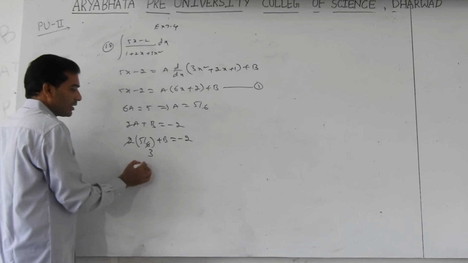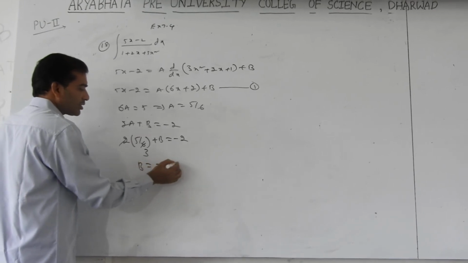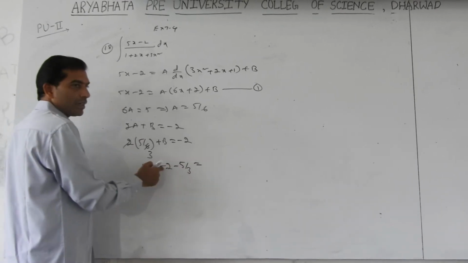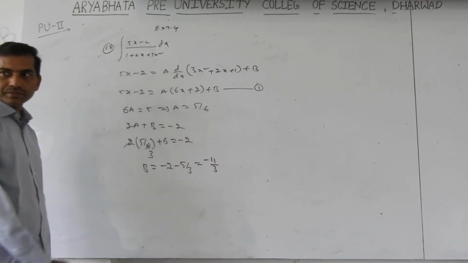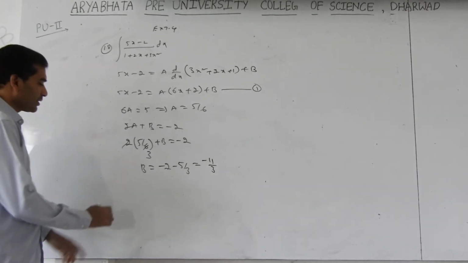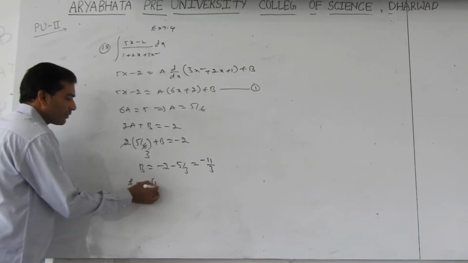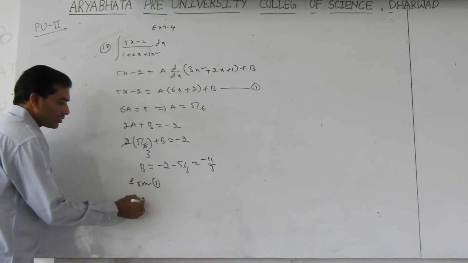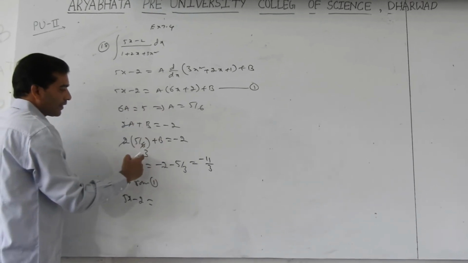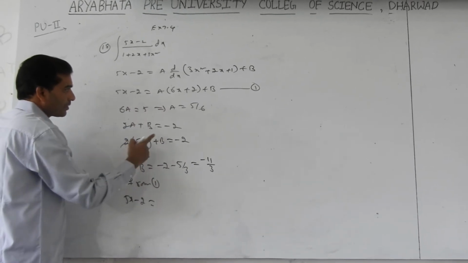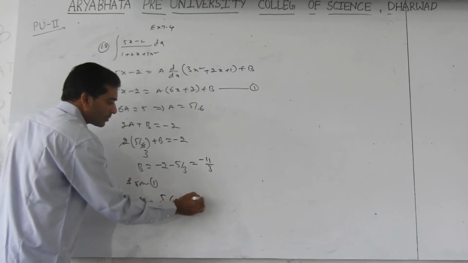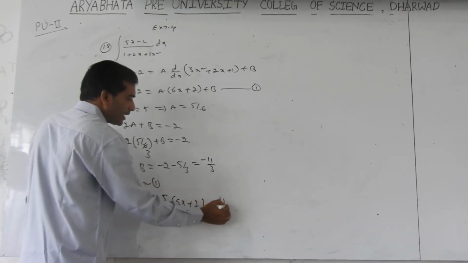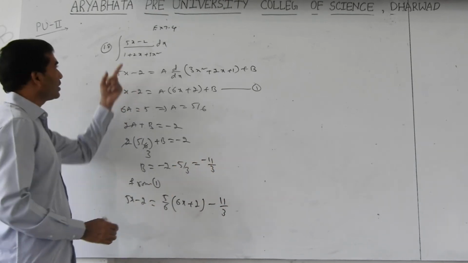B is equal to minus 2 minus 5 by 3, that is minus 6 minus 5, minus 11 by 3. Substitute that in equation 1: 5x minus 2 equals 5 by 6 into 6x plus 2, plus b, minus 11 by 3. This is the substituted equation.